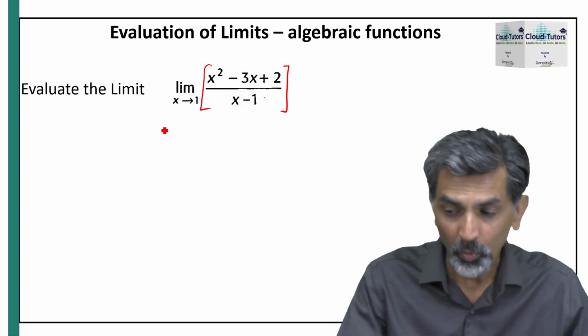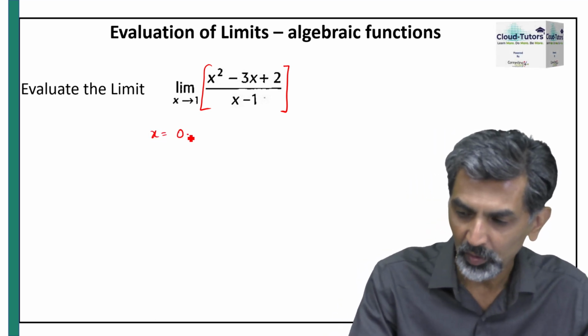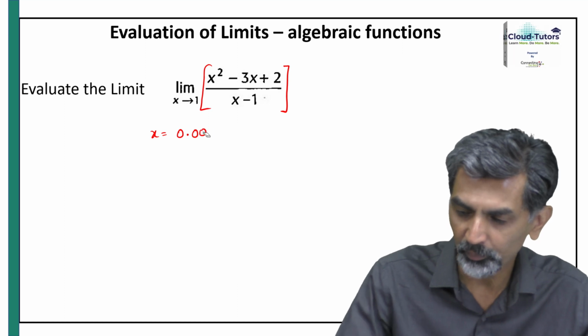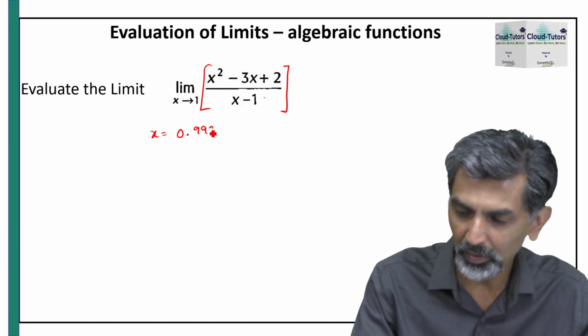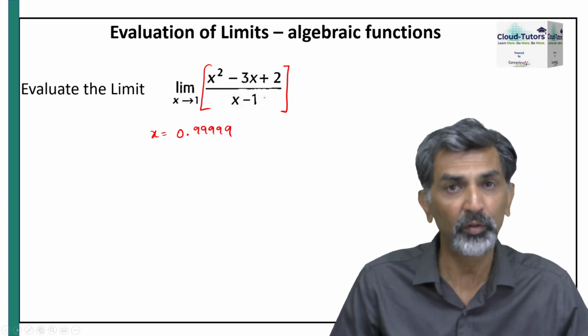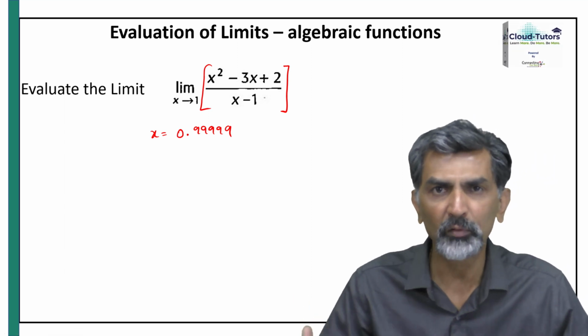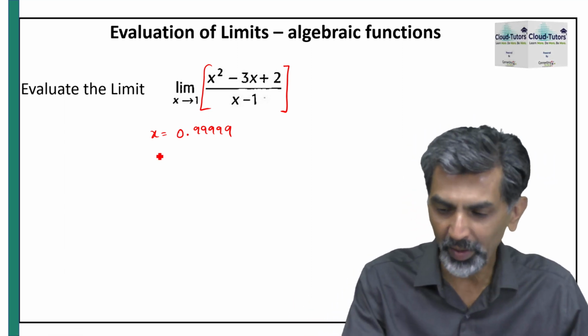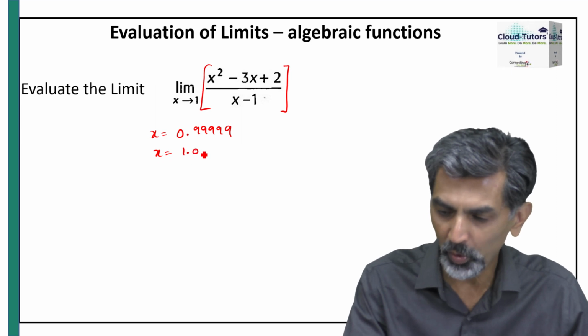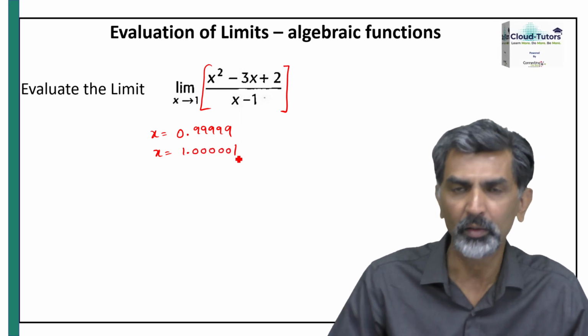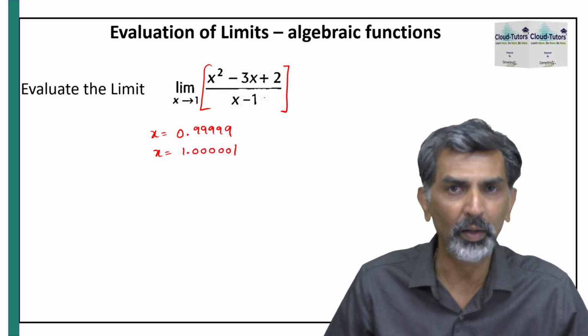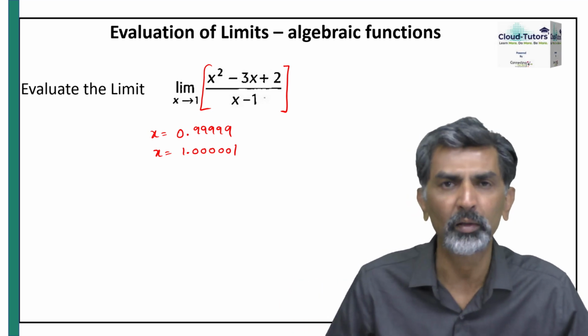It's like saying what happens when x becomes 0.99999. Is it equal to 1? No, but you're getting very close to 1. What happens when x is 1.00001? Again, not equal to 1, but extremely close to 1.